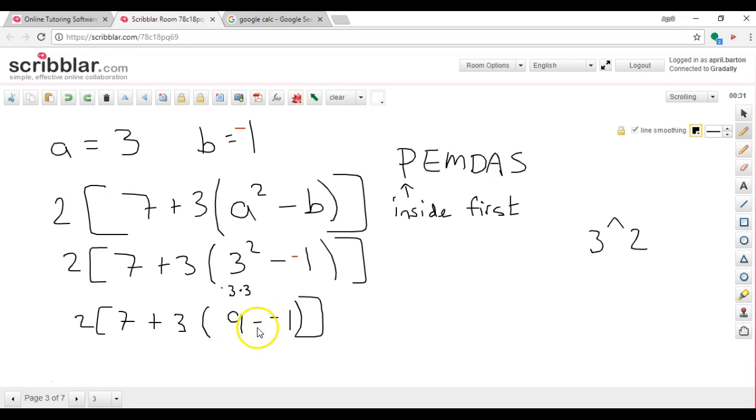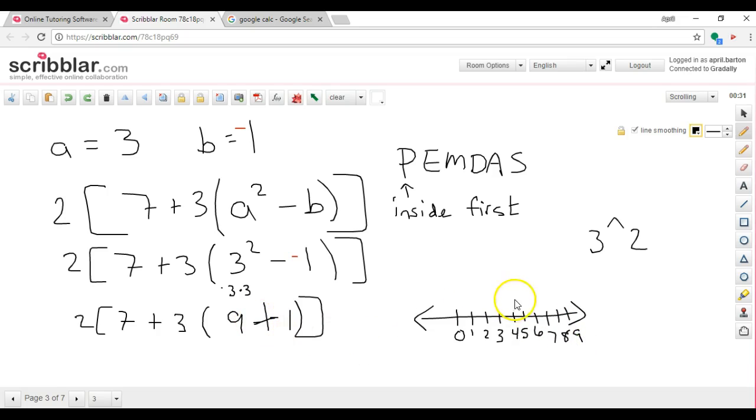When you have a minus directly next to a minus, that is the same as adding. You can, again, use a calculator. You can also think of it as the number line. Sometimes I draw out my number line when I'm adding and subtracting, especially positives and negatives. Sometimes it's good to visualize it.